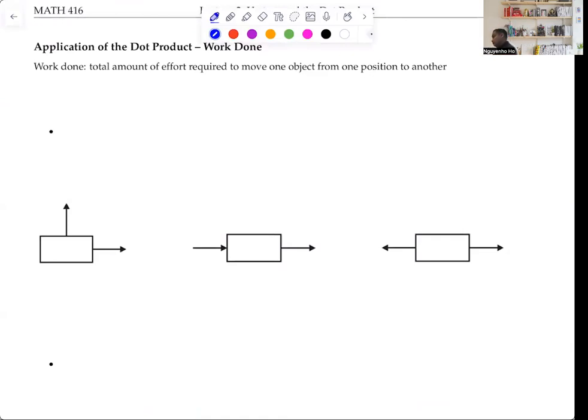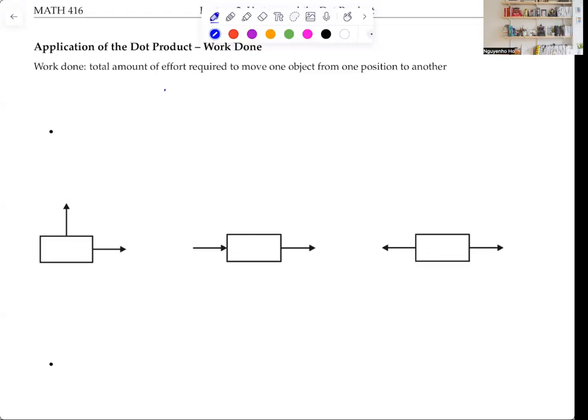So I'm going to use this table to demonstrate the concept, right? I want to move this table from this position to this. Pull or push it. So I apply a force to move the table from one position to another position, and I get the work done.